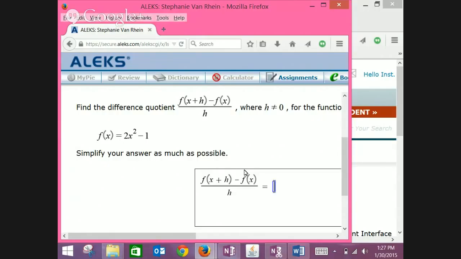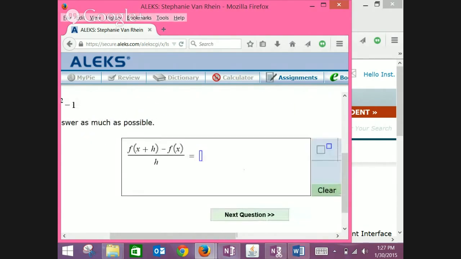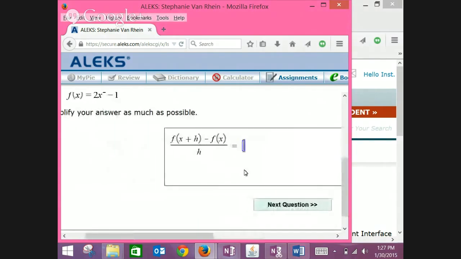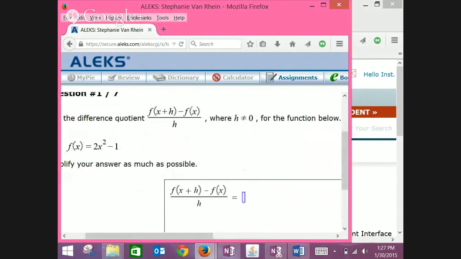See what you guys get. So the first thing you need to do is find what is f of x plus h, because that's your first set of terms in the difference quotient.